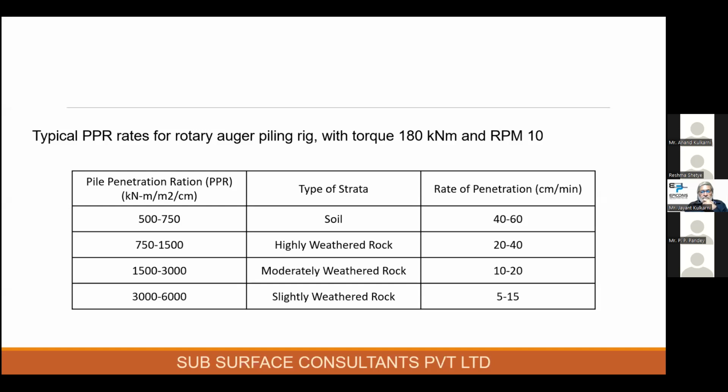And if you use a chisel there, the chisel penetration energy value would be around 600 to 700 kilonewton-meter per meter square per centimeter. So that is one interesting aspect which I wanted to bring out to general notice. You do not compare PPR and chisel penetration energy apple to apple. They are different kinds of values.